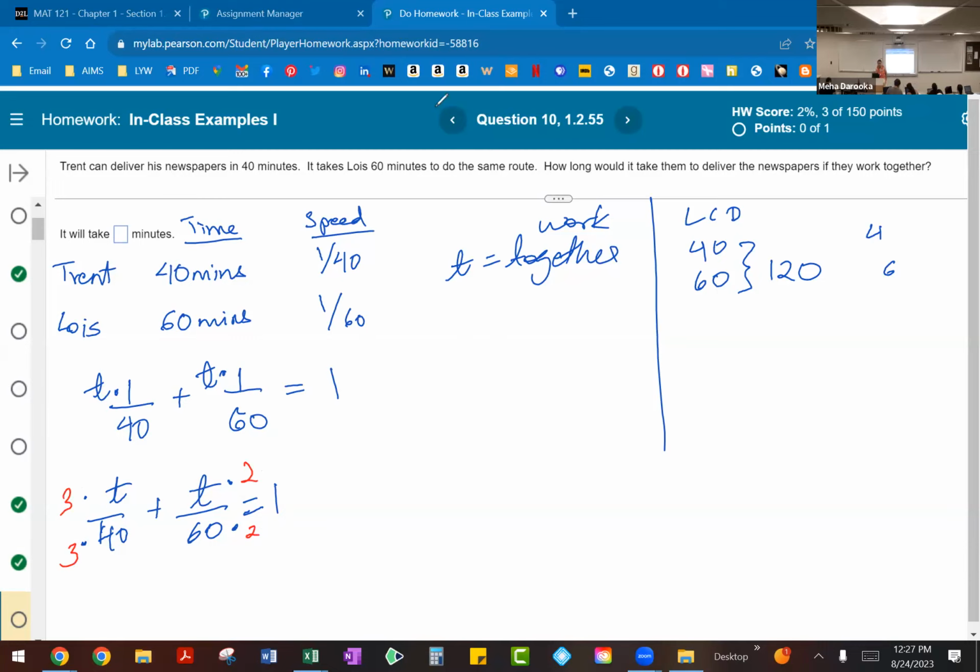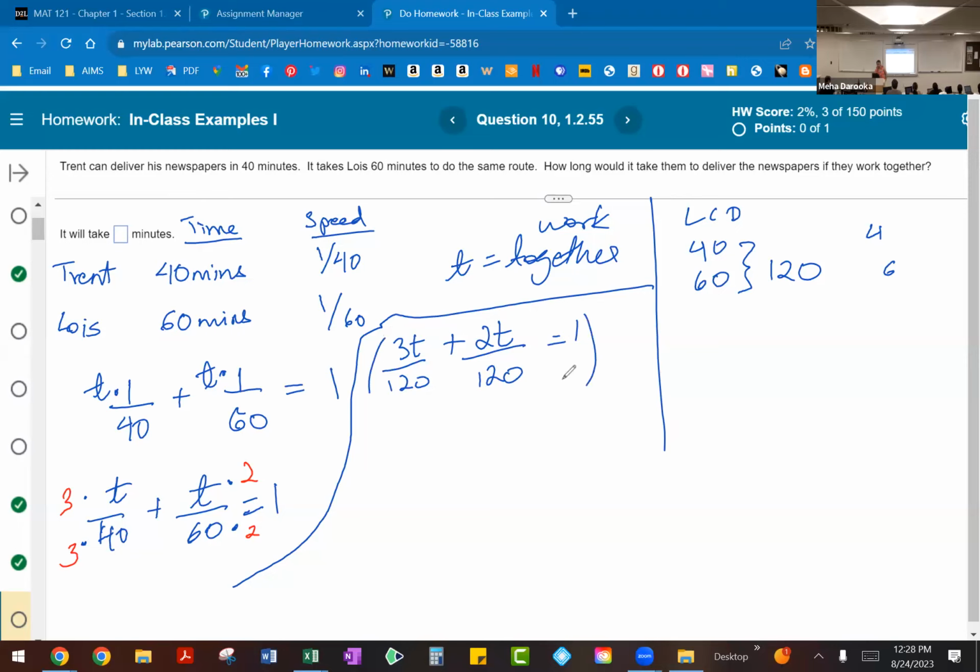The other thing you could have done is taken the entire equation, and again, I showed you this last time, taken the entire equation and multiplied it by 120 also. You can do it that way, so that helps you get rid of fractions. So this would end up giving us, let's see, 3t over 120 plus 2t over 120 equals 1, and you can see we will still need to multiply everything by 120 to get rid of the fractions.